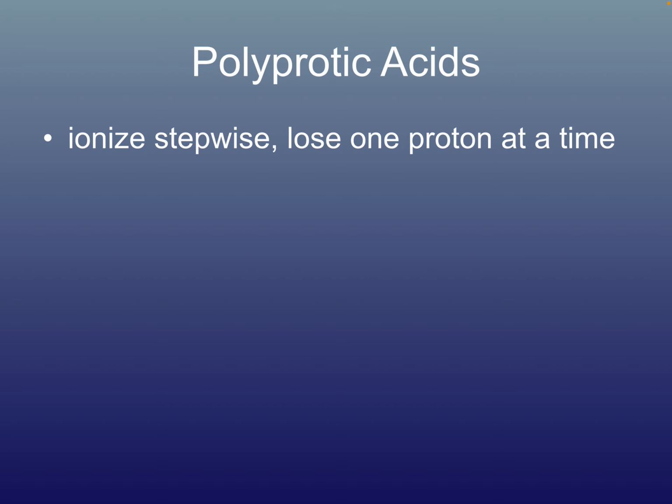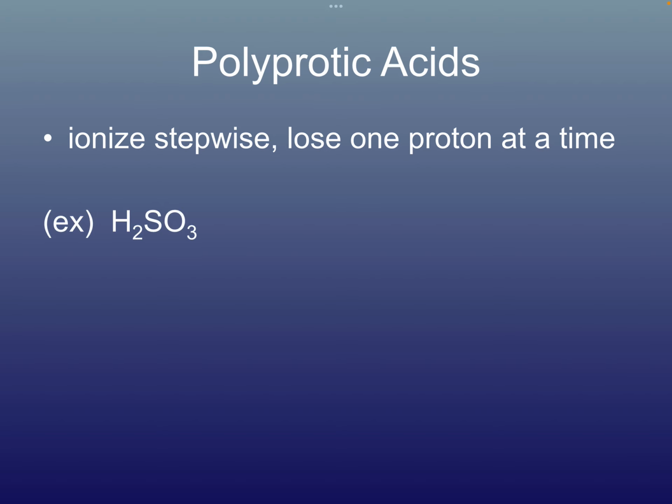So with these, whenever they ionize, they do ionize in a series of steps. So even though it may have 2 hydrogens that can ionize, it does not lose both hydrogens at the same time. It will only lose 1 proton or 1 hydrogen at a time. So this is going to be a multi-step process.